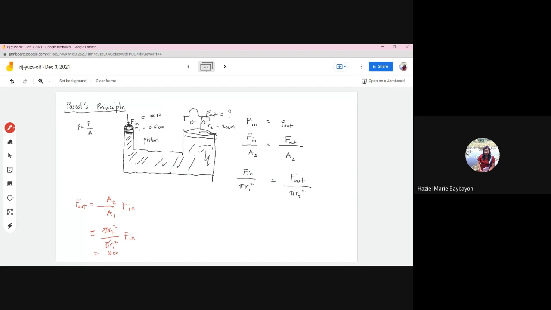So we have 20 centimeters squared divided by 0.5 centimeters squared multiplied by 100 newtons. 20 centimeters squared is 400 cm squared, divided by 0.25 centimeter squared, multiplied by 100 newtons.